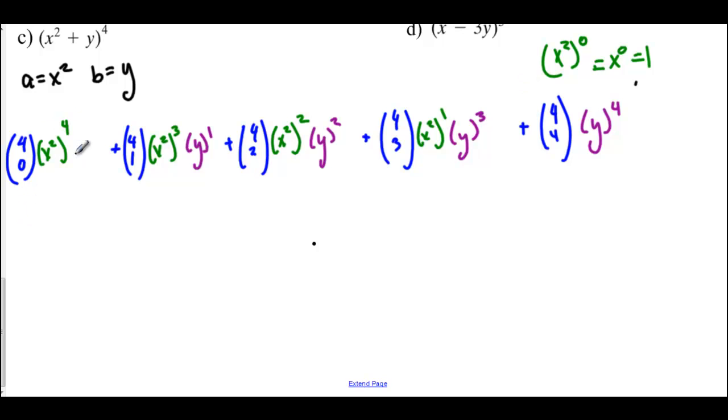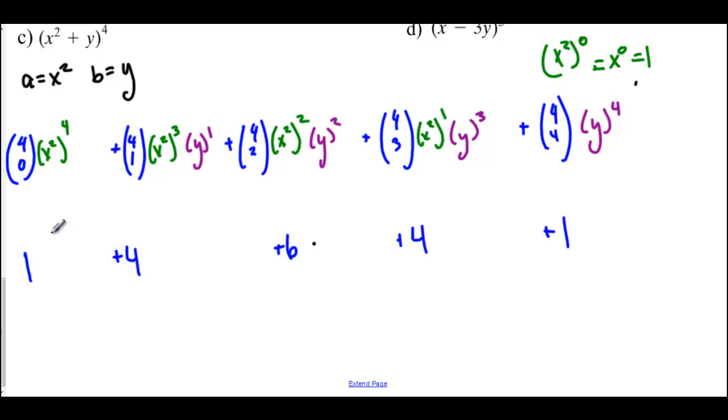All right, now we're going to go through and work on simplifying. So I know these coefficients because of the last one that we just did. So we had that 1, 4, 6, 4, and 1. Perfect. So the coefficient part's done. So now I'm going to go through and deal with all these x squared, so deal with the a's.